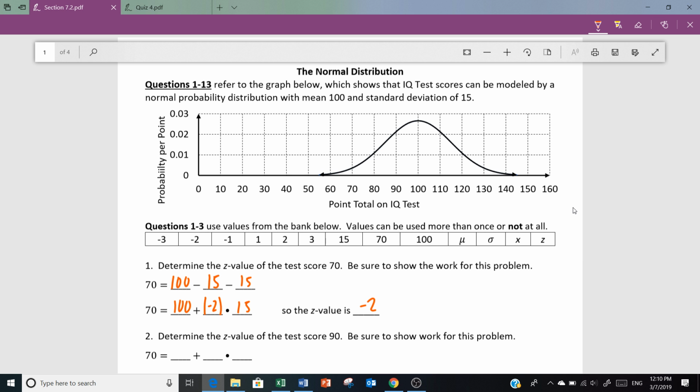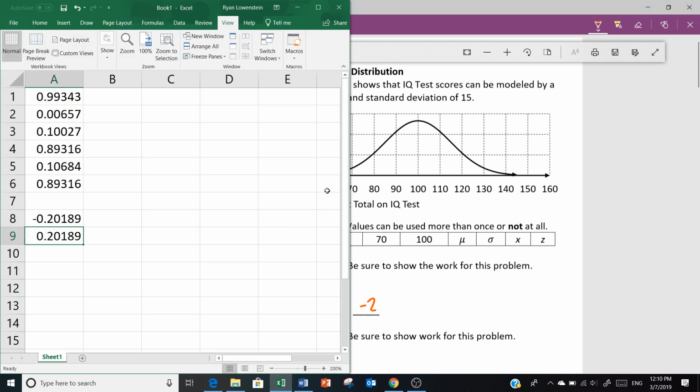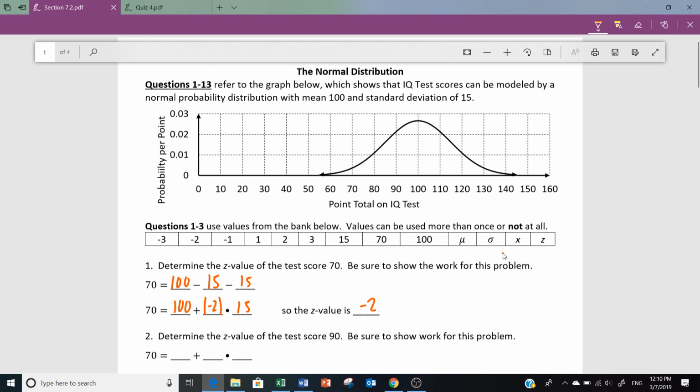I can even do it real quick. In Excel, 100 plus -2 times 15, we get 70. So that kind of gives us a formula here.